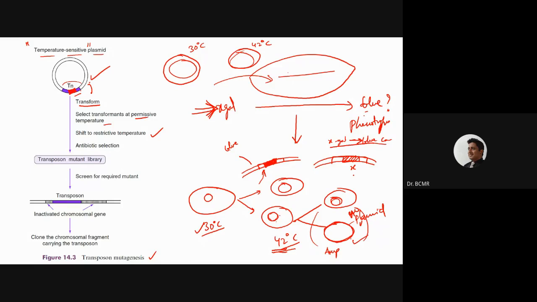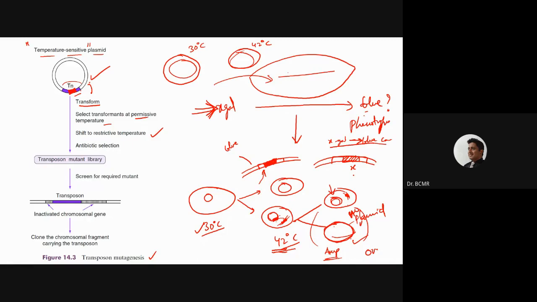And still, if they're able to grow, that is possible only if the transposon, which was on the plasmid, okay, assume this is a plasmid, has jumped onto the genome, right? Suppose something like this happened. Assume that you have grown this for several generations or overnight. So only one of the cells will have the plasmid.